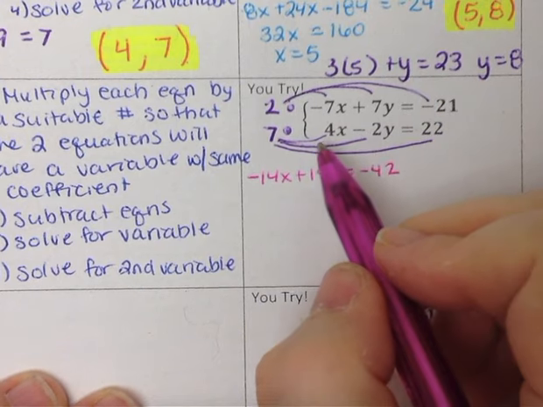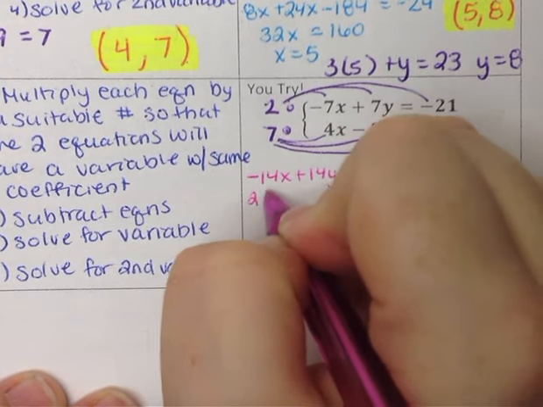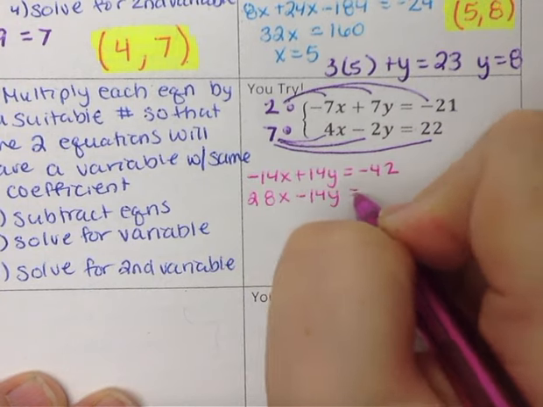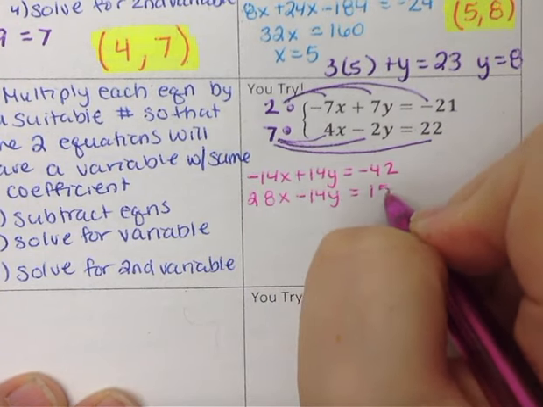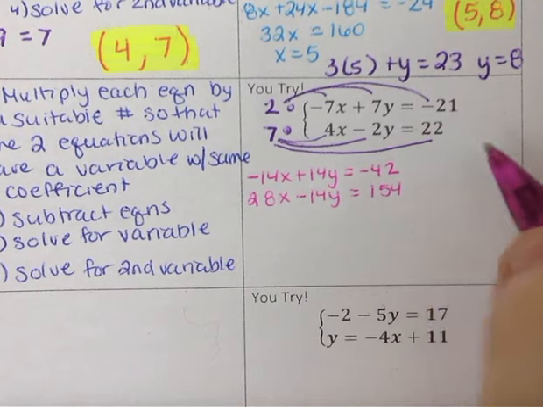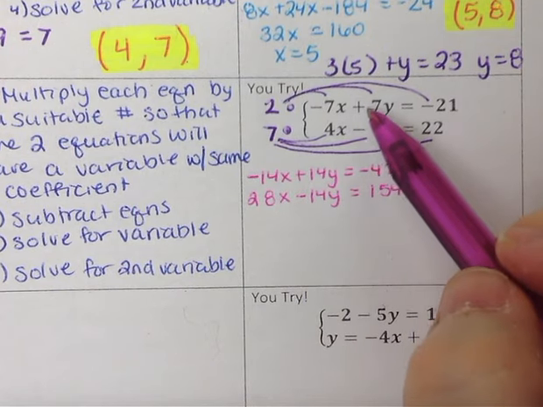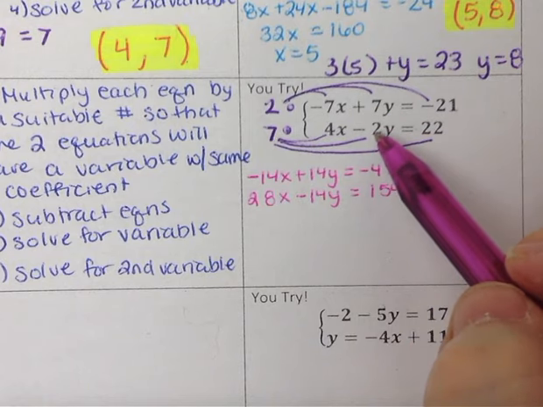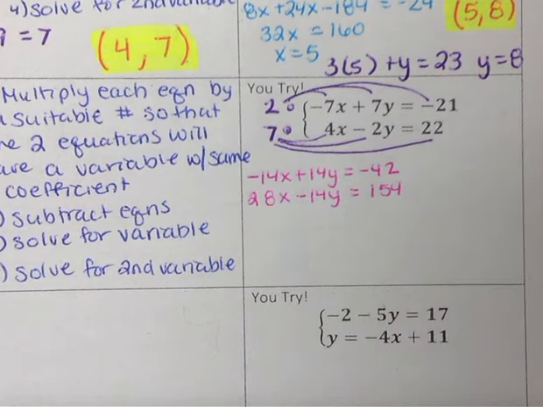The second equation will become a positive 28x minus 14y equals a positive 154. Again, you multiply the equation by the other coefficient to get them to be the same.